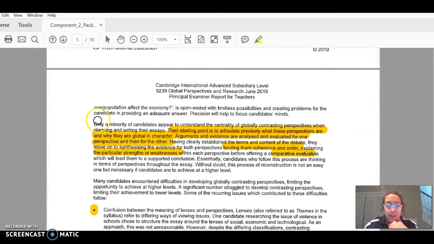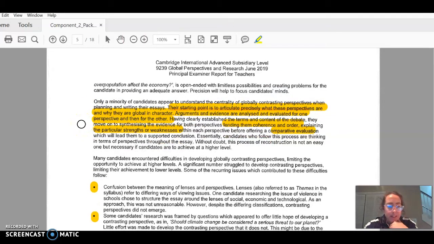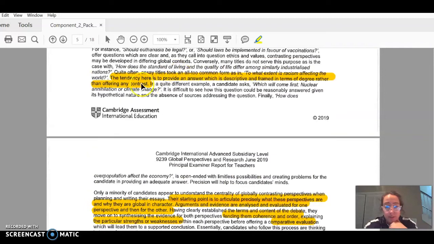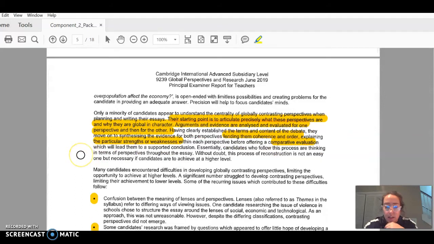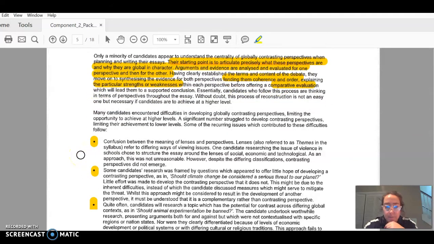They talk in this whole document about not having enough analysis, but also not having analysis that's global in character. Some ways of thinking are really limited geographically, or even the issue is limited geographically. So establishing a strong question that is truly global in character, and I think most of us have already done that.